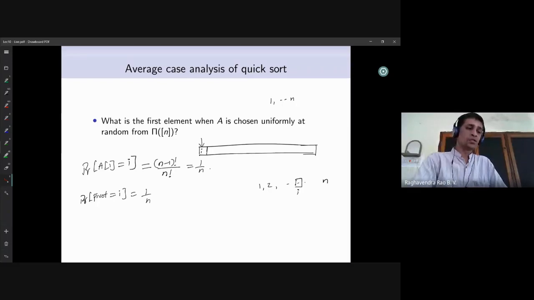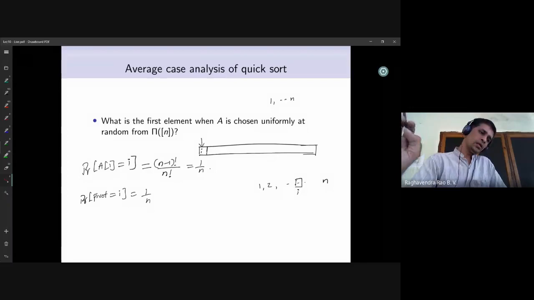So the first step of the deterministic quicksort on a random permutation and the first step of the randomized quicksort are essentially the same. They are randomly picking an element. The first step of randomized quicksort is the same as the first step of deterministic quicksort, provided a random permutation of 1 to n, to be precise.